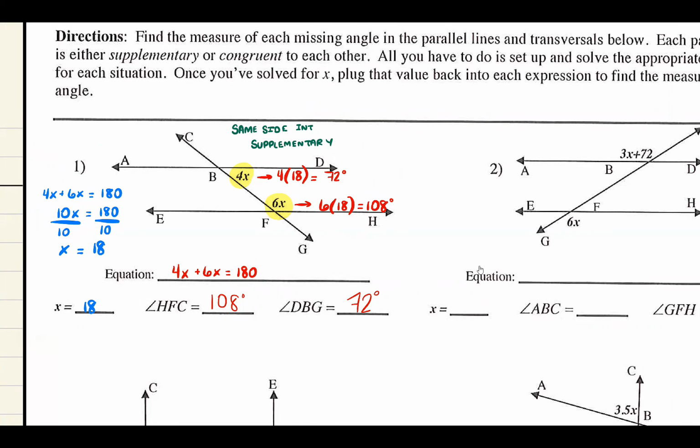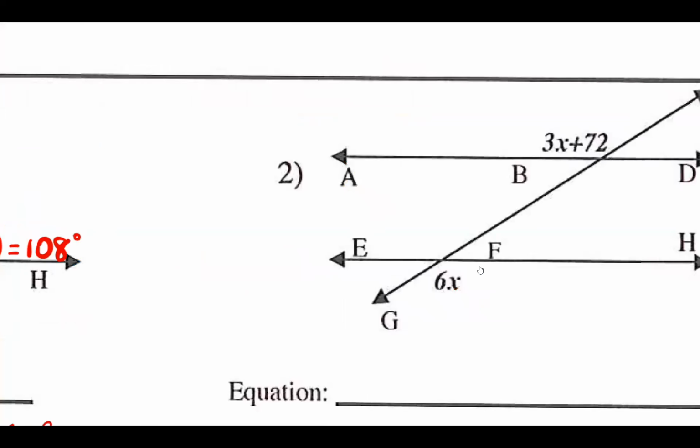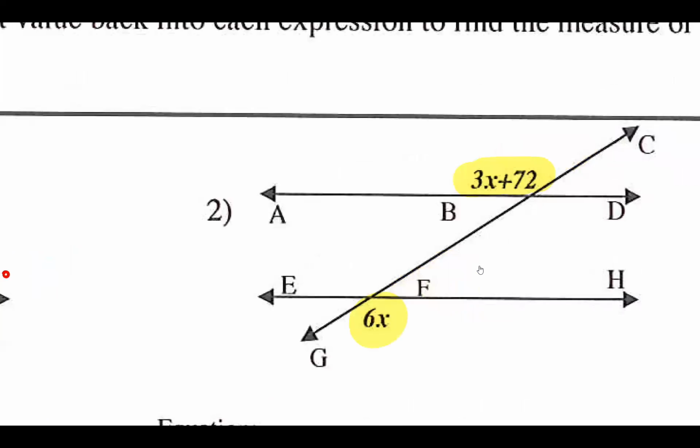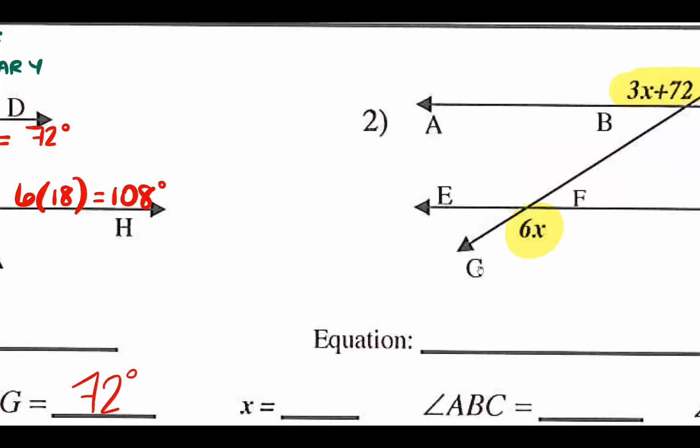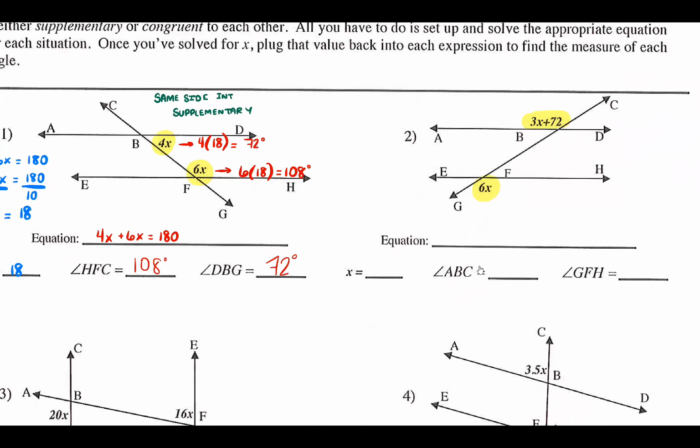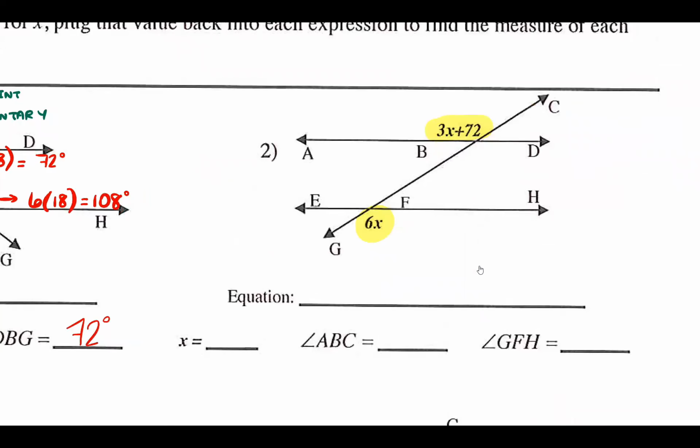All right, Cole says these ones are equal. Is he right? So we've got, oh, Peter, you need a highlighter. It looks kind of whack. So what do we got? Opposite sides of the transversal outside of my parallel lines, we've got alternate exterior angles.